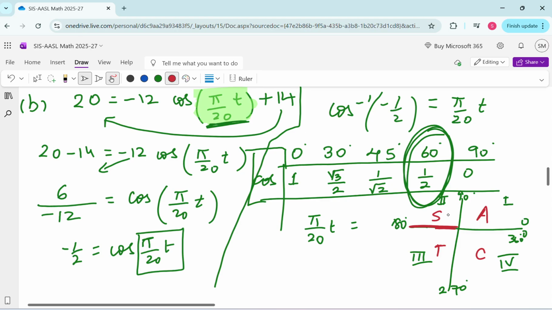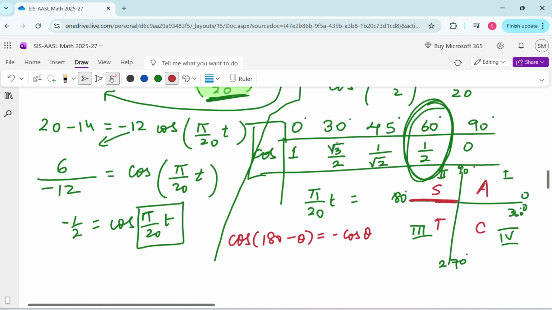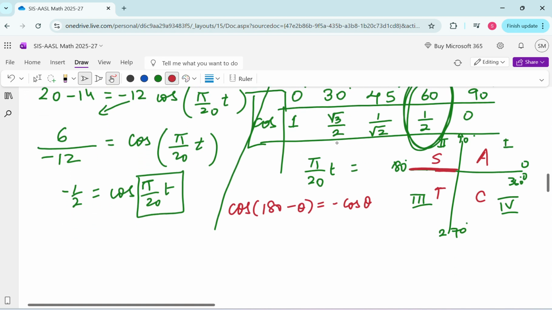Okay. So I'm going to take the second quadrant, and for the second quadrant, I can remember it as cos 180 minus theta, which is minus cos theta. So in our case, I want negative half. It's going to be minus half here, right? That's what we want.